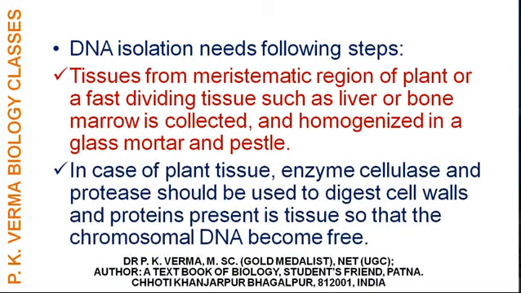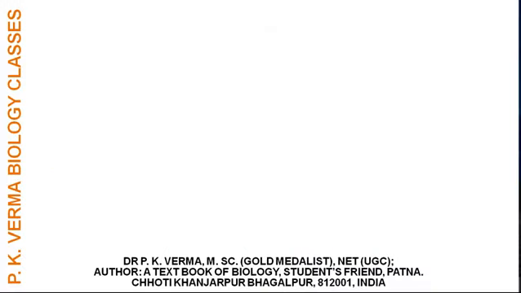In case of plant tissue, there are cell walls, starch granules, various proteins in the cytoplasm, in the nuclear membrane, as well as histone around the chromosome. So enzymes like cellulase and protease should be used to digest cell walls and protein present in the tissue so that the chromosomal DNA becomes free.